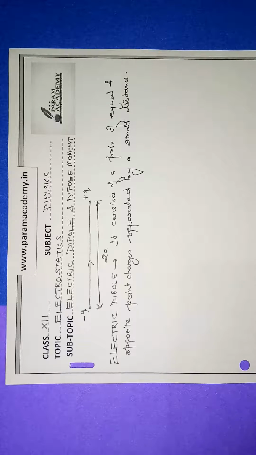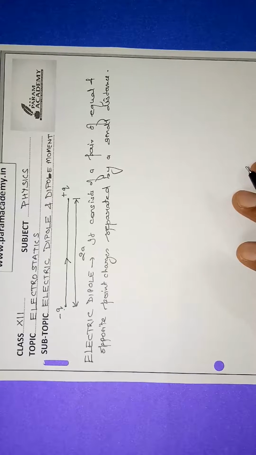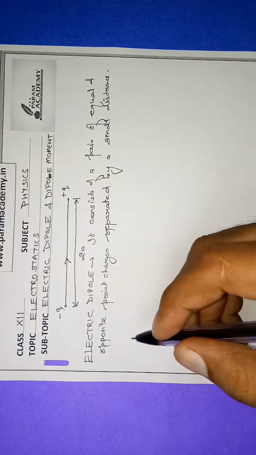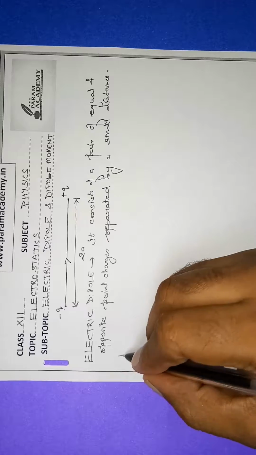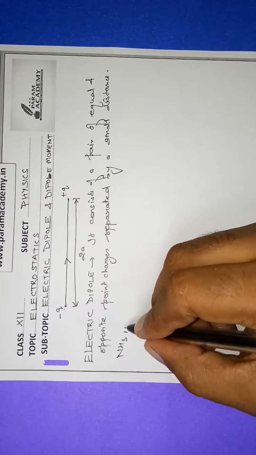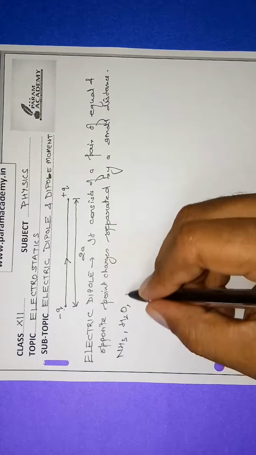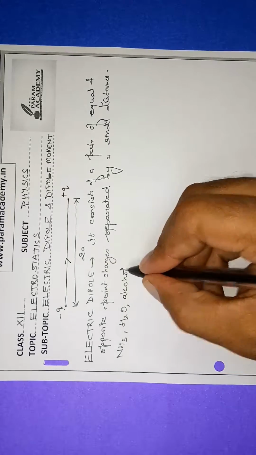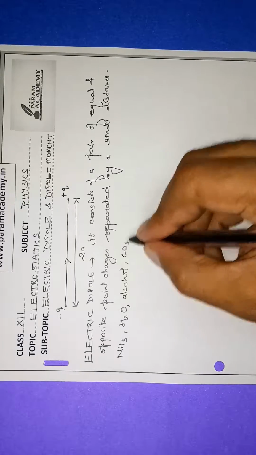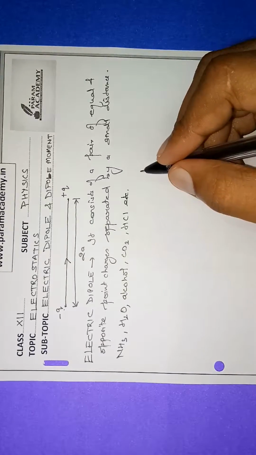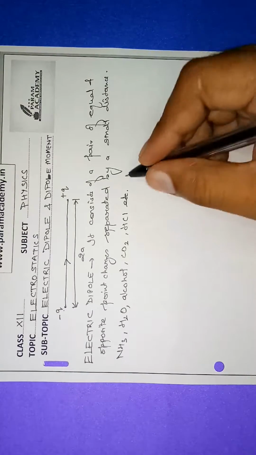Now, first of all, understand that an electric dipole is the arrangement of two equal and opposite charges. If we take into consideration the electrical phenomena in matter, then the molecules of ammonia, water, alcohol, carbon dioxide, HCl are all examples of electric dipoles.